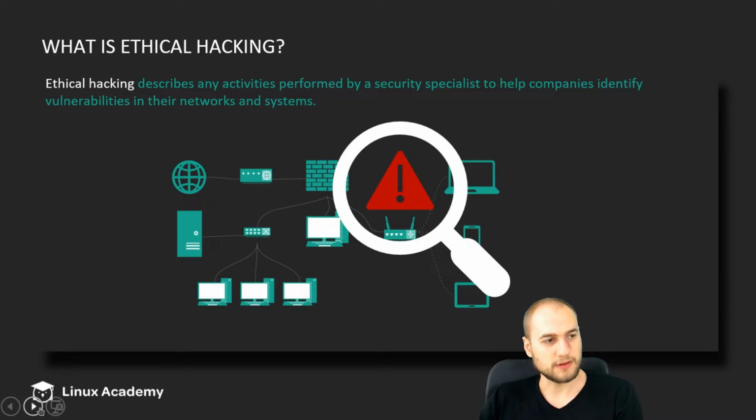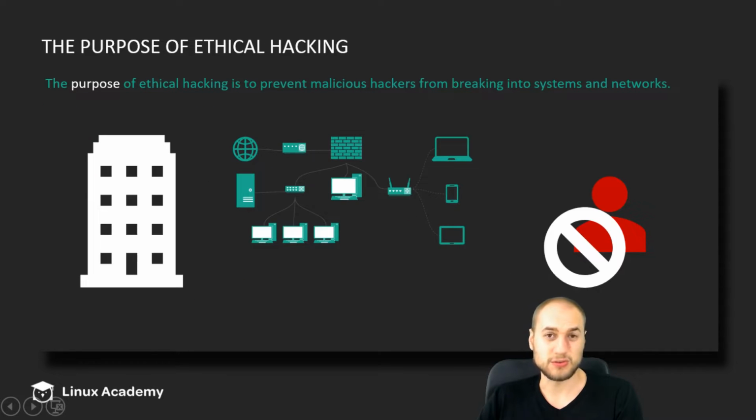Now, the purpose of an ethical hack is to determine what sort of vulnerabilities there are, if any are found. What are some of the problems? What are some of the threats? Then the idea is to inform the system administrators or whoever within that company.